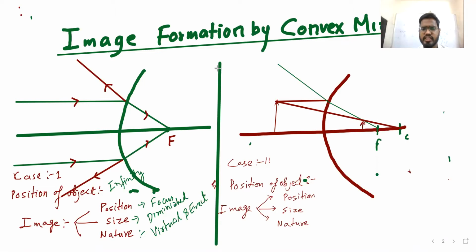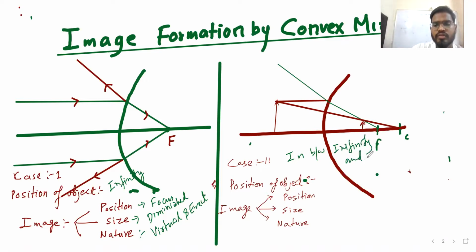Now the second case is when the object is in between infinity and pole. The image is forming where, if you see here? The first ray of light I took like this. A ray of light which is parallel to the principal axis will pass through focus, right? That is what happened here.